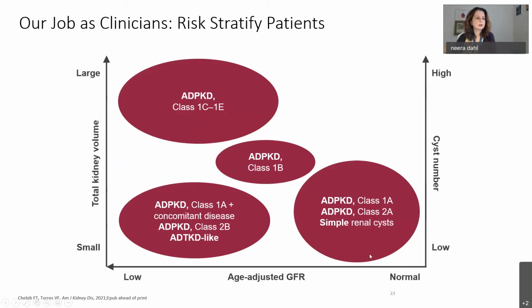So is this someone who has ADPKD, who has large kidneys, and a relatively low GFR for their age, and these are the folks who are then at highest risk, versus is this someone who has small kidneys and maybe has loss of GFR, but it's due to a disease like ADPKD rather than ADPKD, versus is this someone with ADPKD with the typical imaging and the mutation type that's consistent with PKD, but they have class 1A or class 2A kidneys, in which case their risk of progression is quite low.